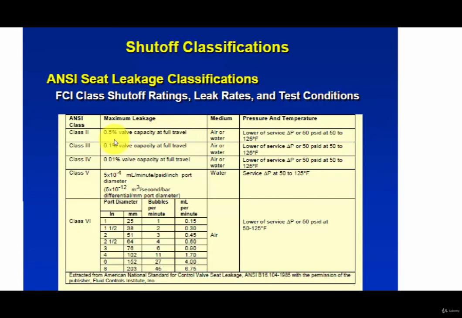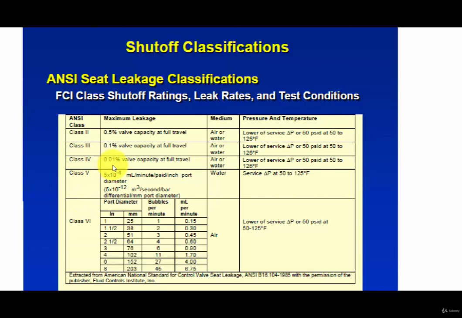This is the simplest type. If it is a class 3 requirement, only 0.1% valve capacity at full travel is allowed. This is very severe. So the severity increases as class increases.